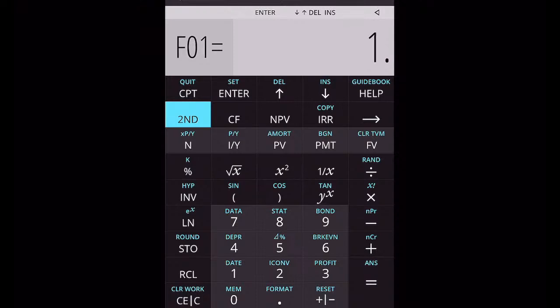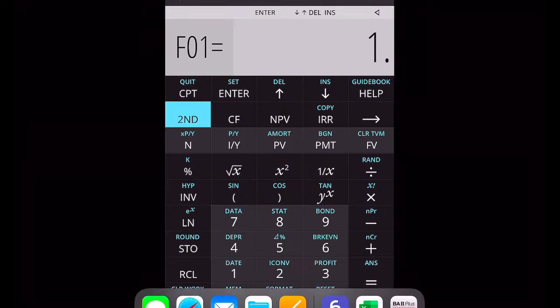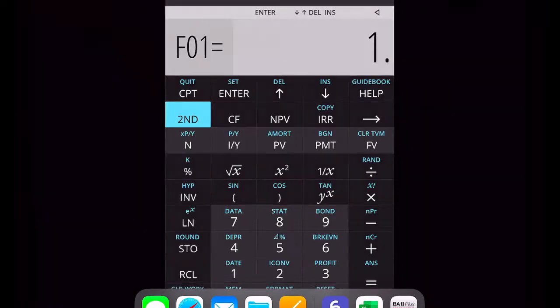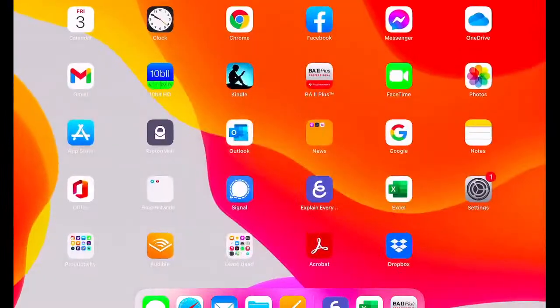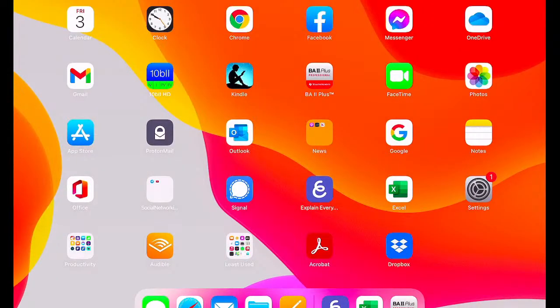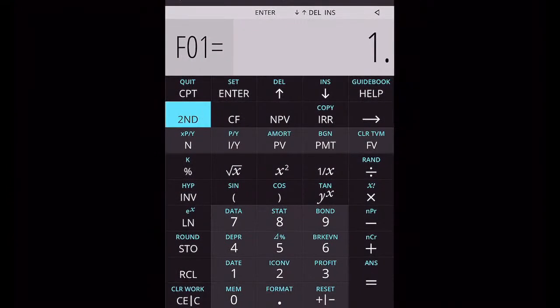Now what's this? F stands for frequency. Well, how many zeros are there? There's actually 1, 2, 3, 4 zeros. Couldn't I just use that F? Couldn't I just put the frequency as 4? Yes, I can. So I can enter that as 4 zeros, and scroll down.